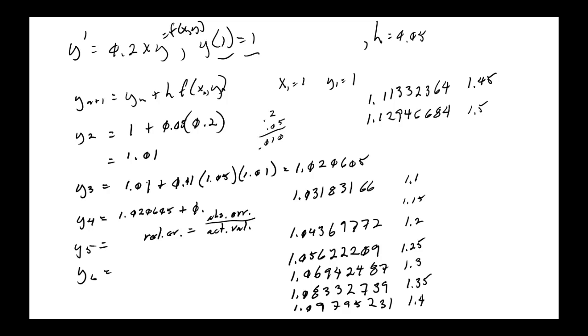You keep on going until y sub 5, and I've forgotten to erase mine, was 1.1259, where the actual value is 1.1331. Absolute error of 0.0073, very close, and percent error was 0.64%.